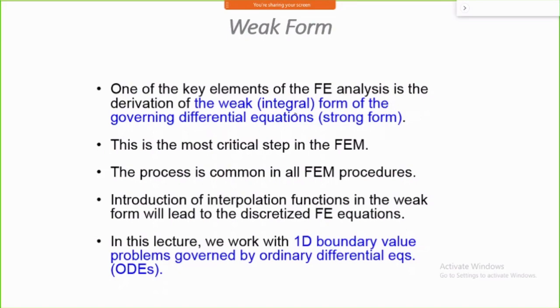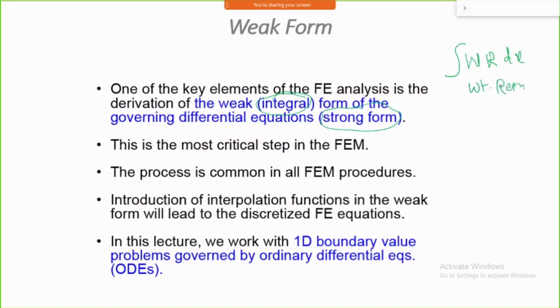This is typically used for the weak integral form and the strong form. In this case, we started with a weighted residual statement, that is the integral of W R dx. This is the weighted residual form.